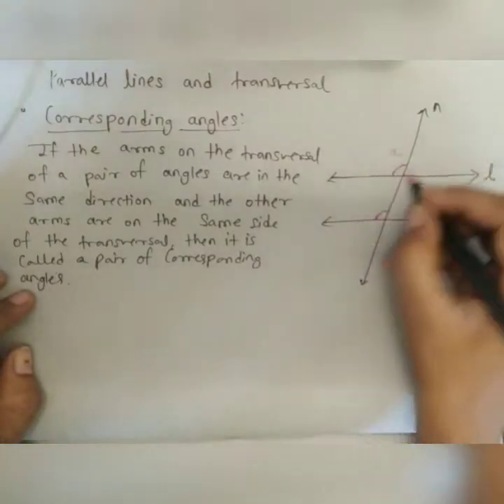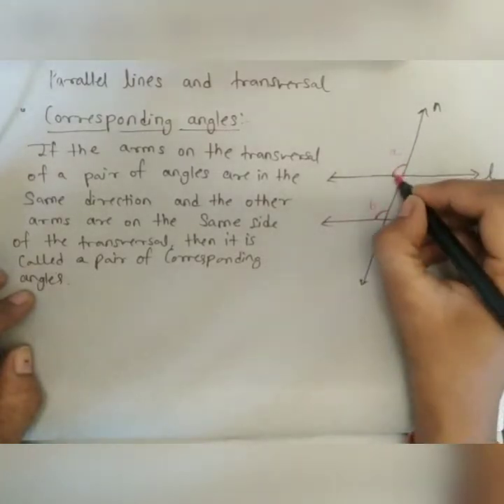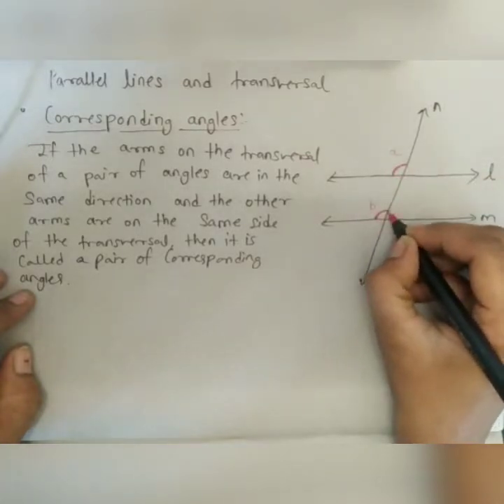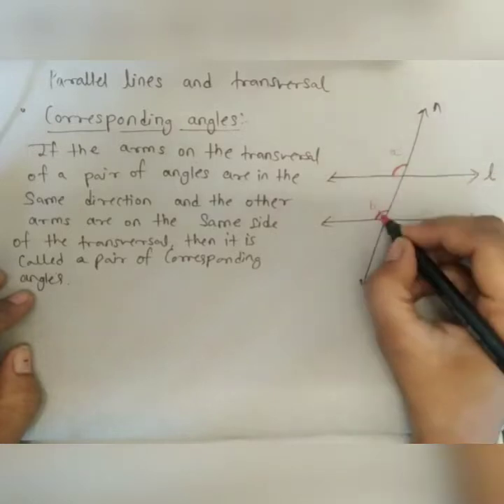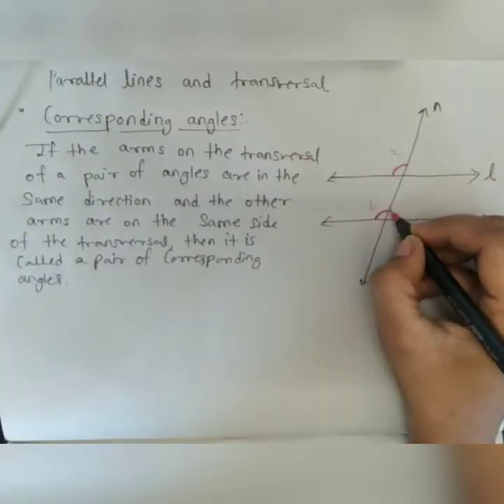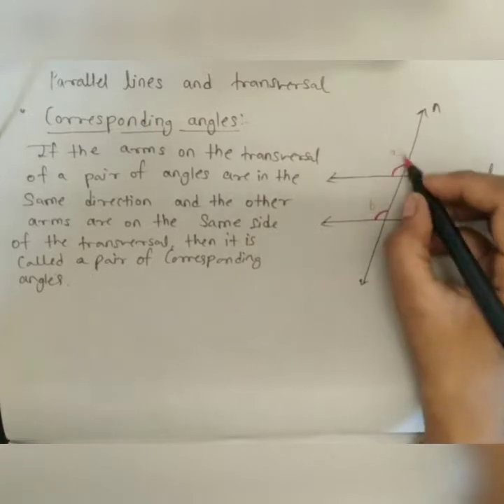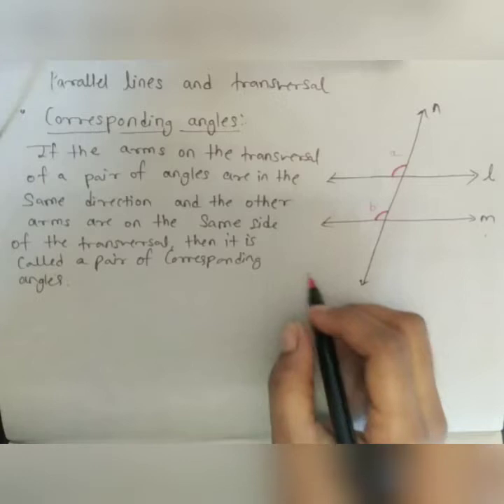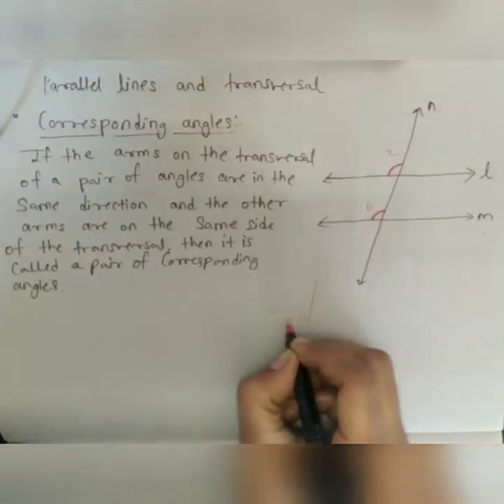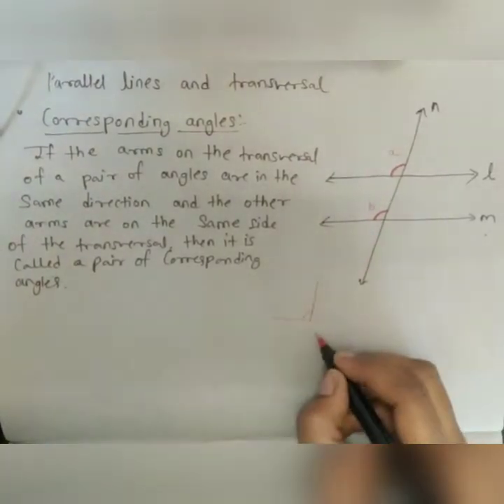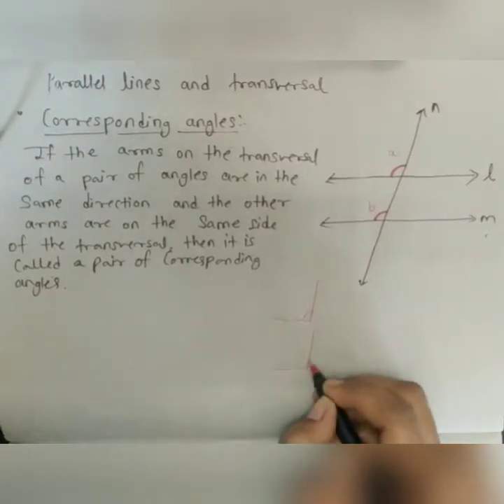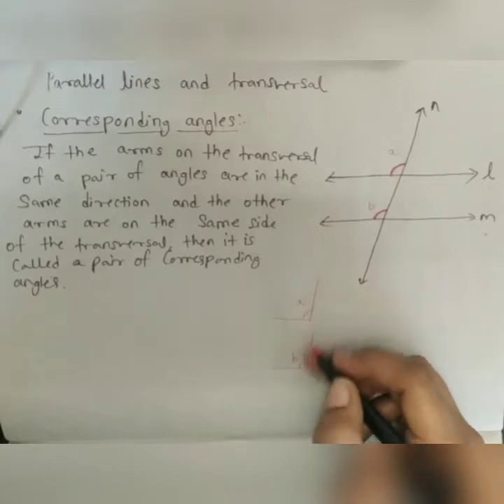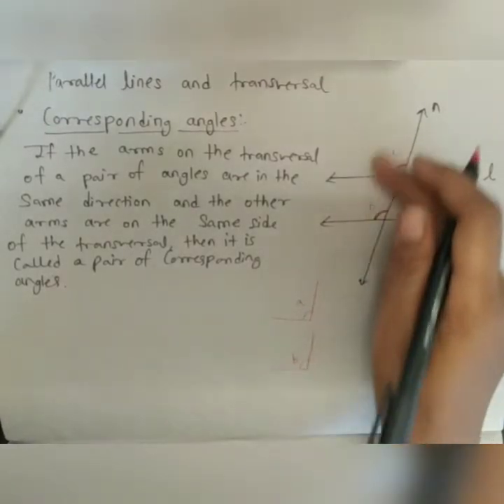Suppose this is angle A, this is angle B. This is a pair of corresponding angles. Angle A and angle B is a pair of corresponding angles. When I am taking the pair of these two angles, see, this is our angle A and this is our angle B. Both are the same and they are in the same direction.